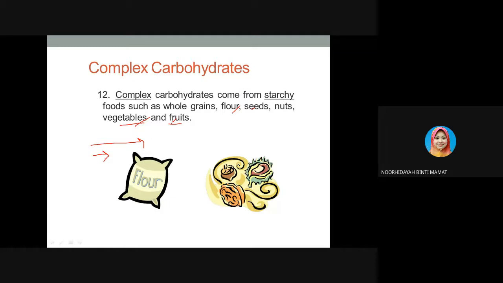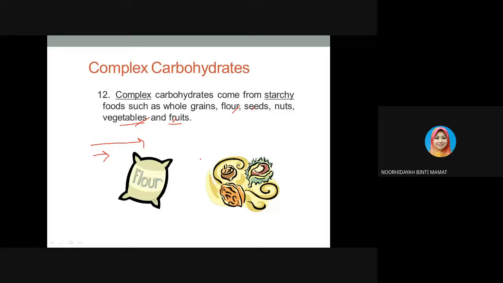Our body takes longer to break down the complex carbohydrates because they have longer chains of molecules. So the complex carbohydrates actually pack in more nutrients compared to the simple carbohydrates.